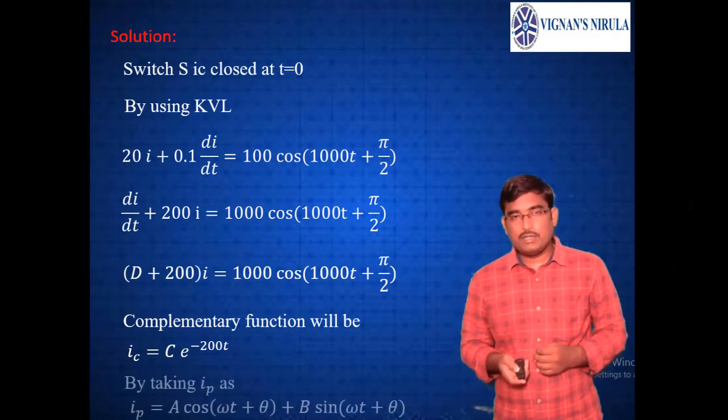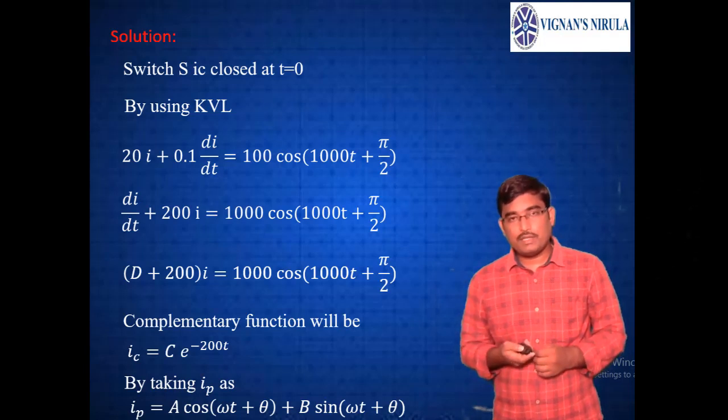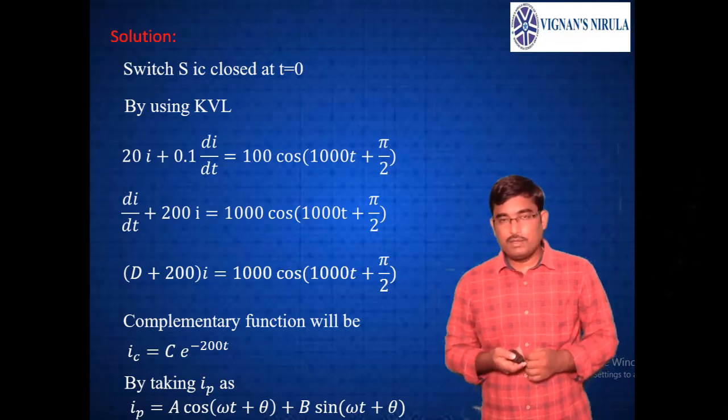How to get the particular integral? In order to get it, I can take Ip equals A cos of omega t plus theta plus B sin of omega t plus theta.